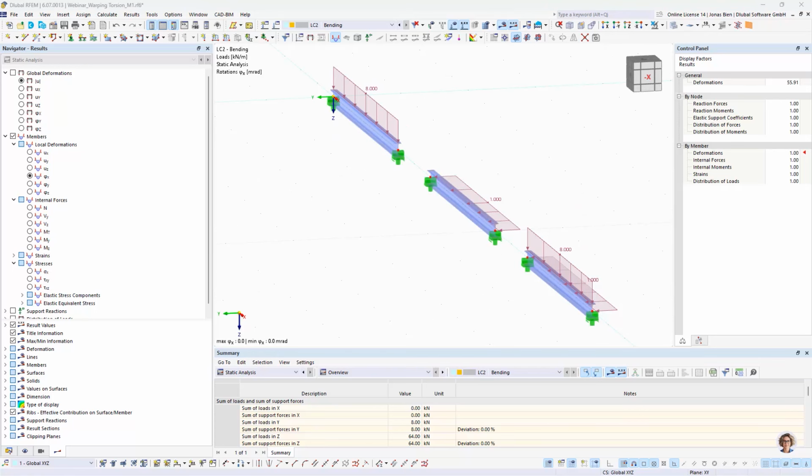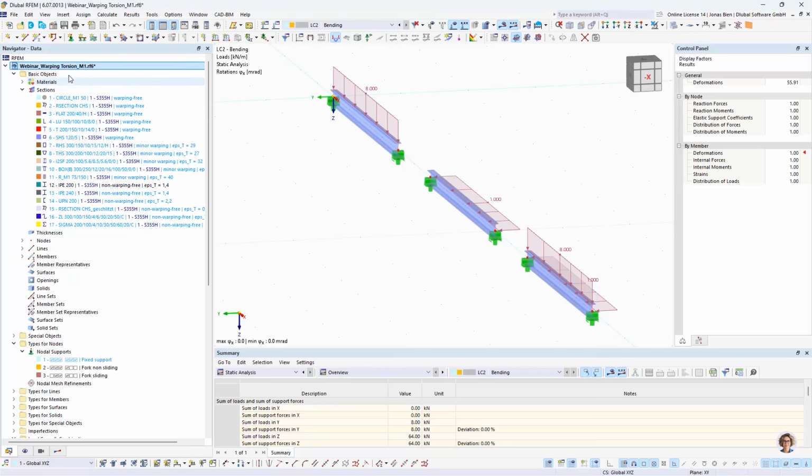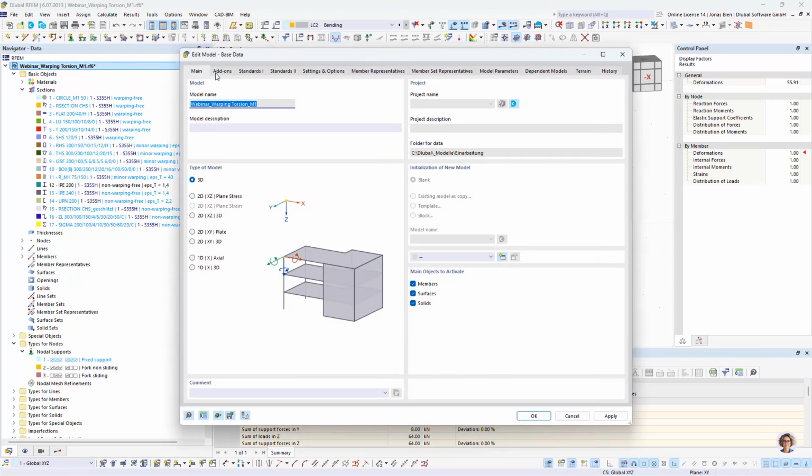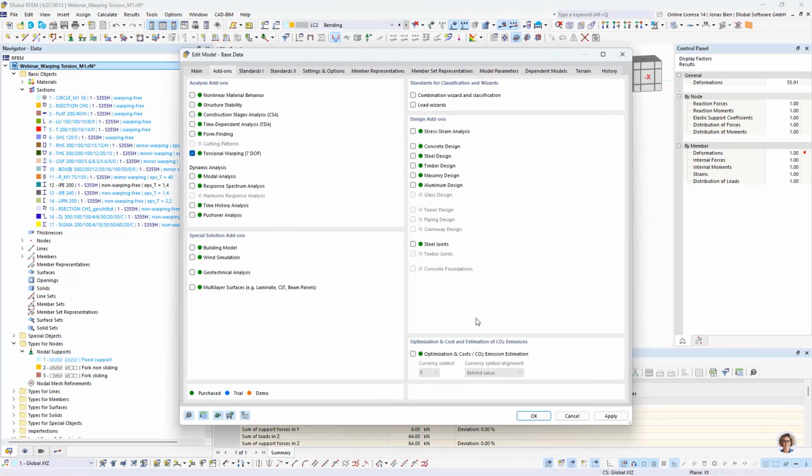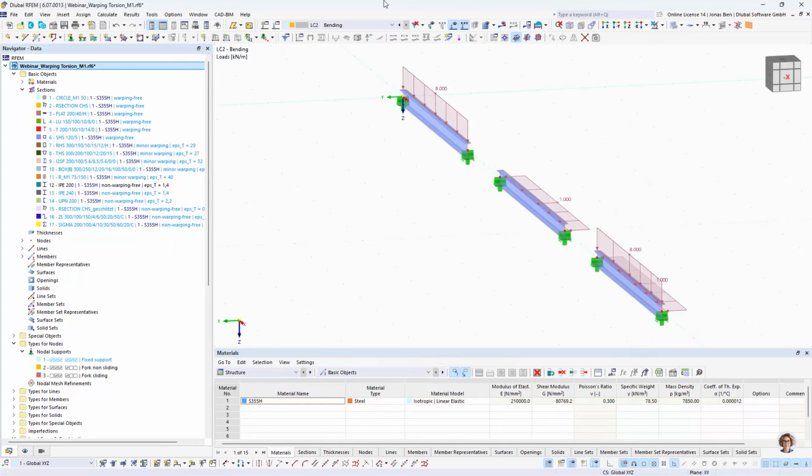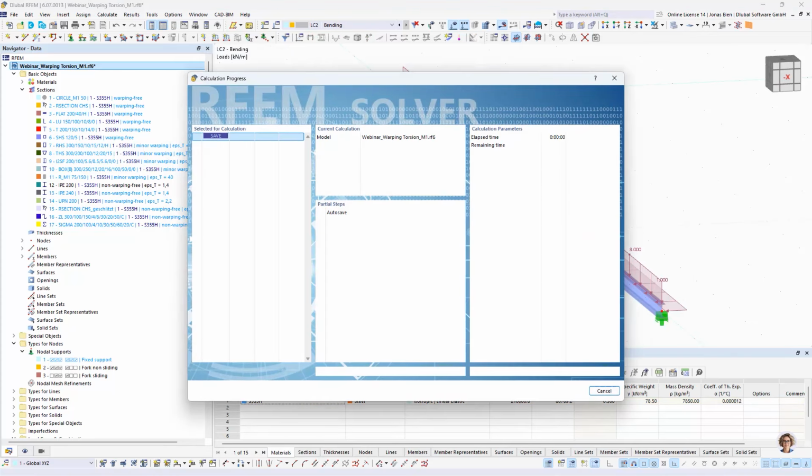Okay, but what happens if we now activate the 7th degree of freedom? Let's do that. I will just activate 7DOF and run the simulation again.